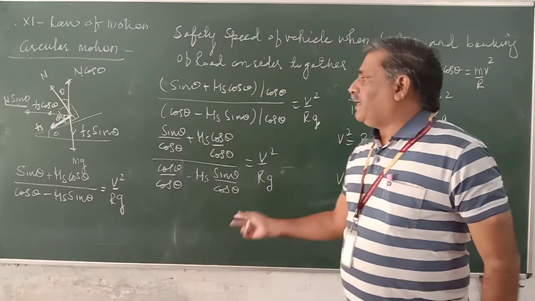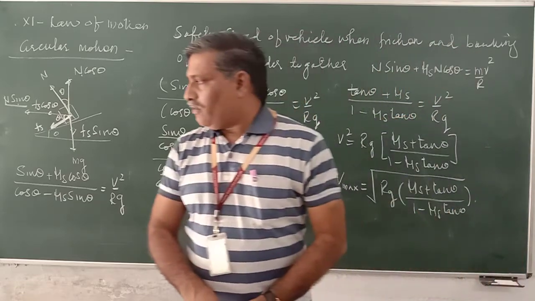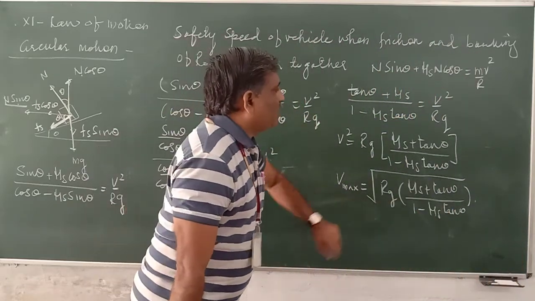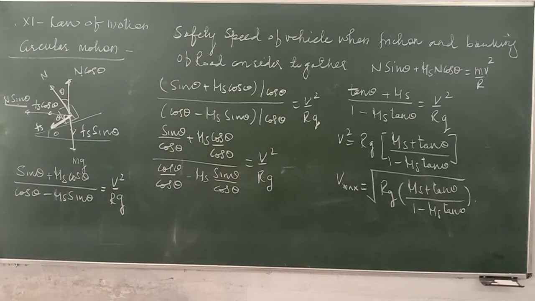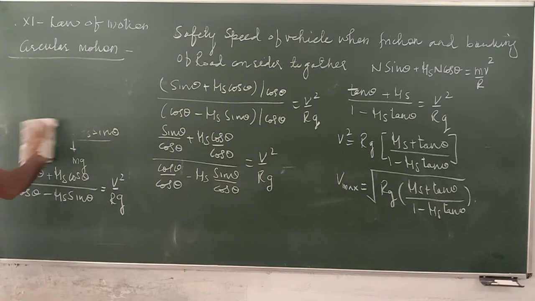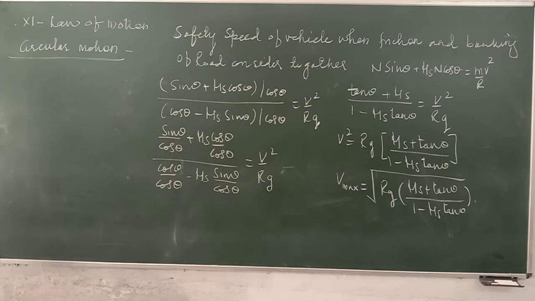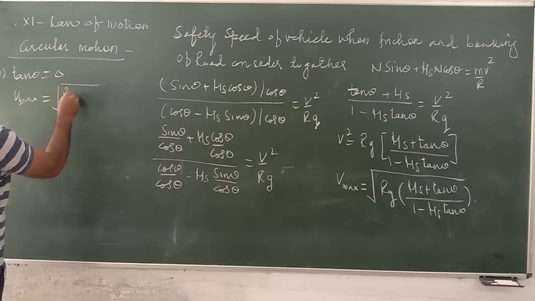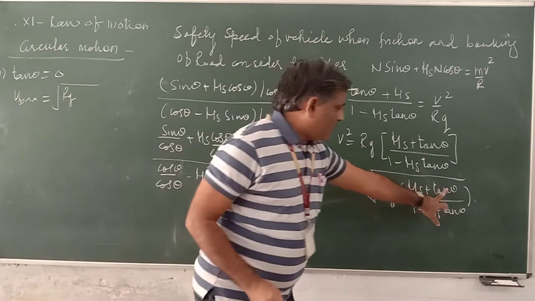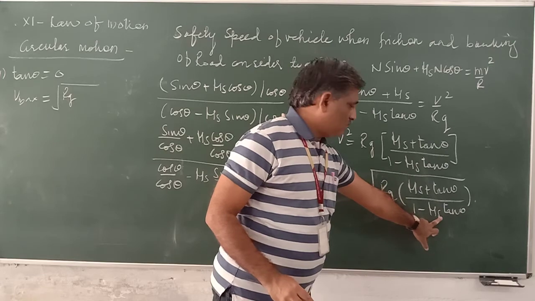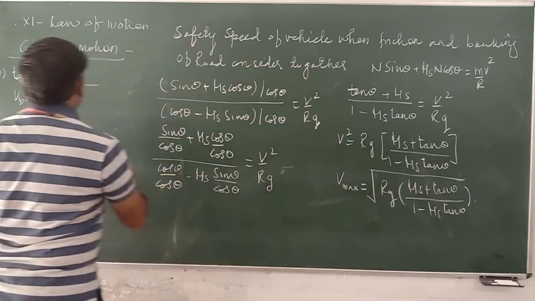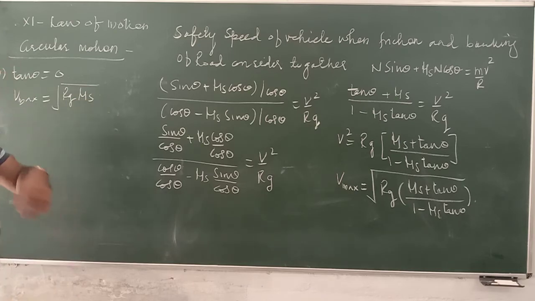Now from this one we can derive two special cases. First special case, if tan theta is equal to 0, v max is equal to under root rg mu s, because the tan theta term becomes 0, and it remains only mu s, which we have already derived.